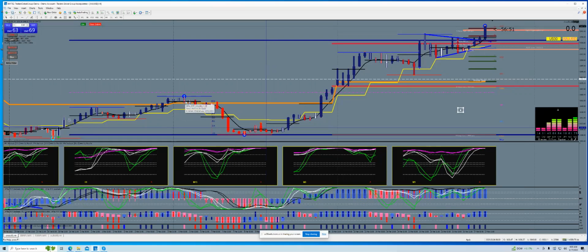Then if you can see this white candle on top of this blue candle, that's the 4-hour candle. And then the red candle is the 1-hour candle. So I will know when my daily, 4-hour and 1-hour are in sync when I see it completely red.